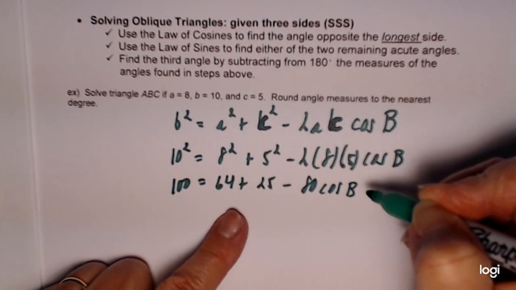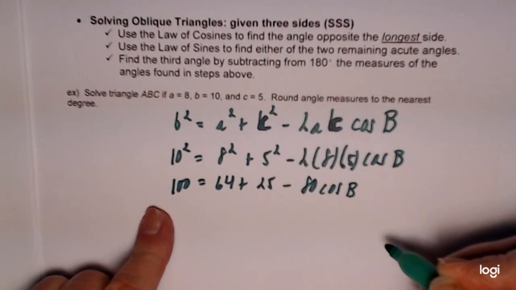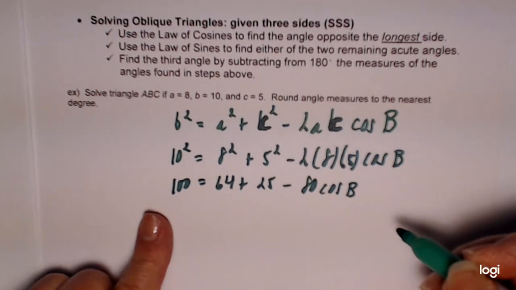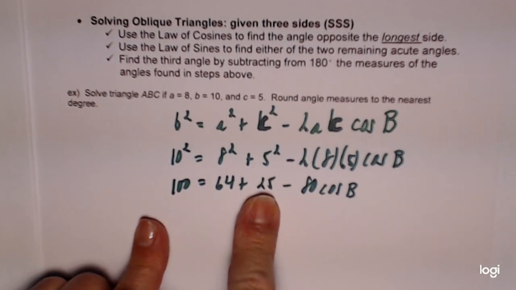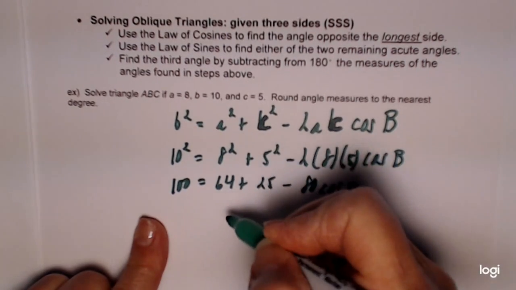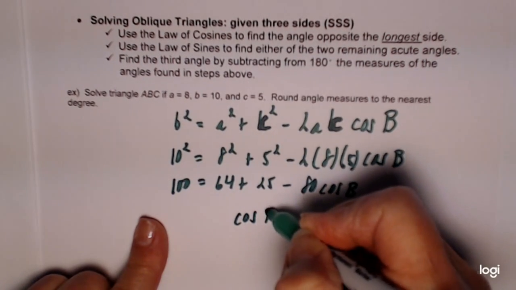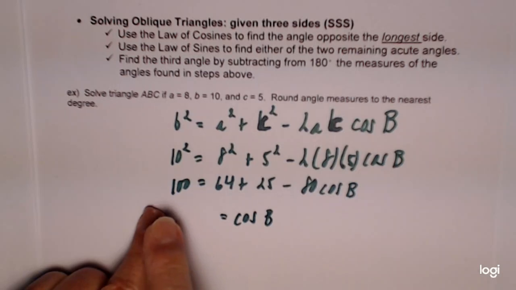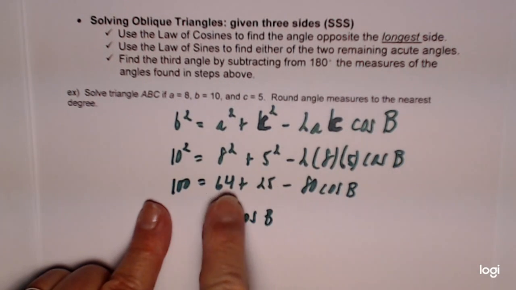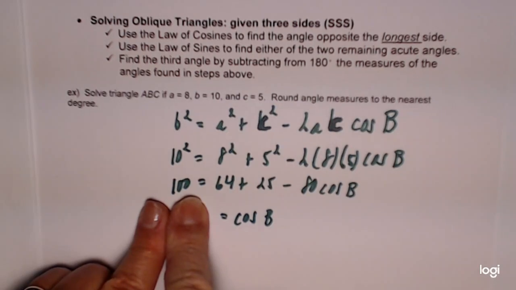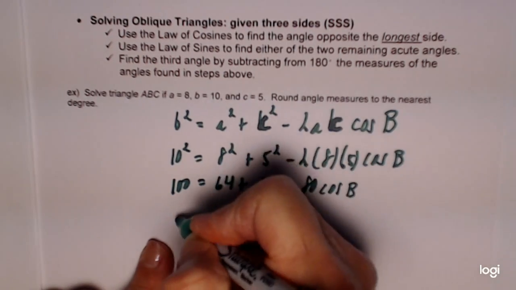cosine B. So to solve for the cosine B, we can subtract 64 and 25 from 100, and we get 11.